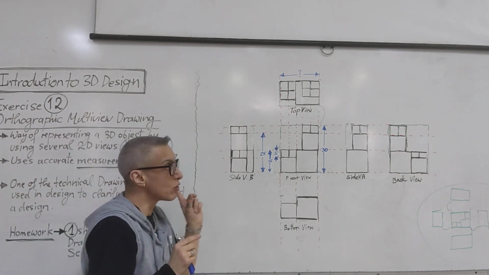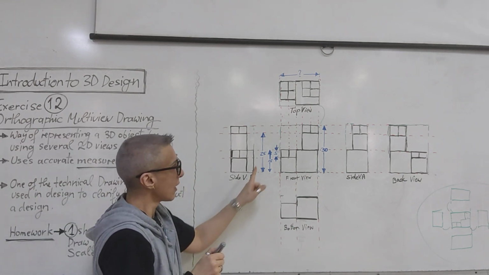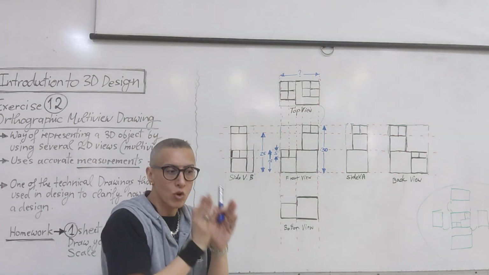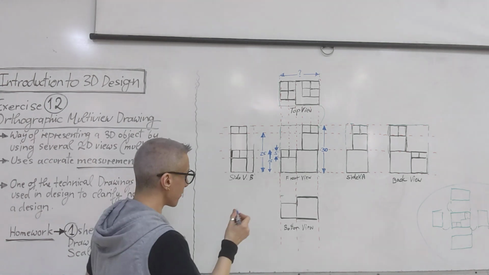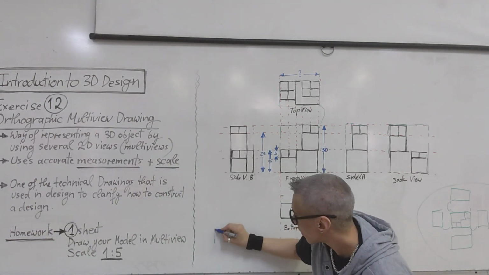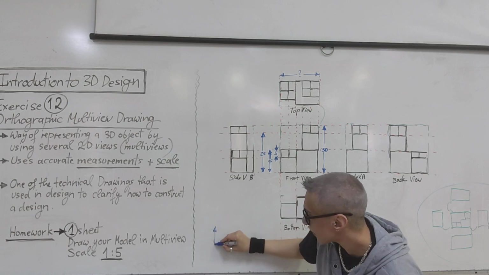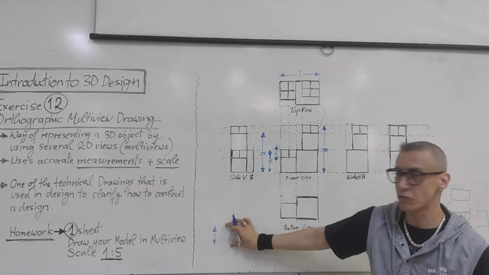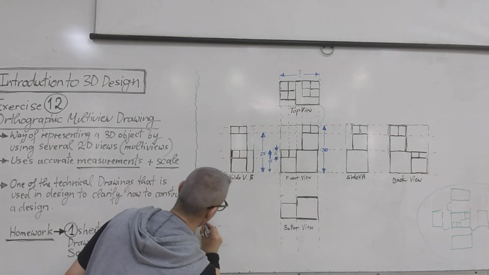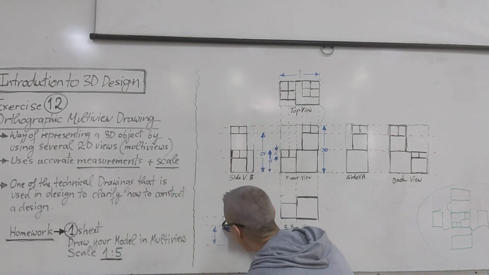Now, what you need to be careful about is that the measurement lines need to be drawn in a specific order. For example, if you start with a measurement line, that is, you're showing a certain measurement that is of this size. Then you have another measurement that is bigger.